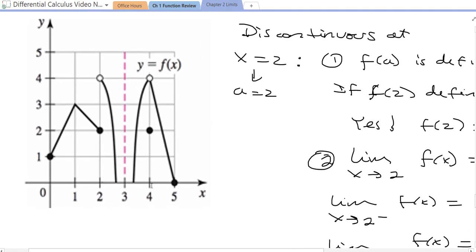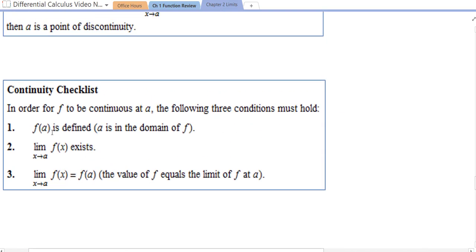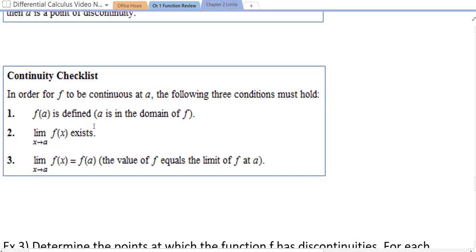And so these are the different things from the checklist. f of a has to be defined. Likely, if you have a vertical asymptote, it won't be defined at that point. Now, granted, if you have a piecewise function where you redefine or give that asymptote a point, then you can cross the vertical asymptote, but not usually. You have to make it a piecewise function.